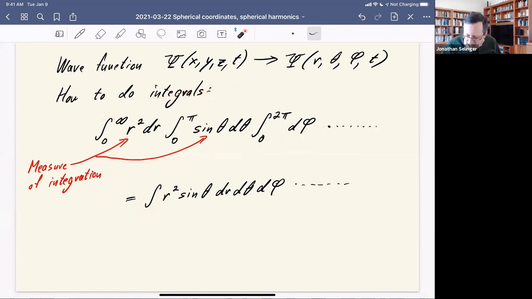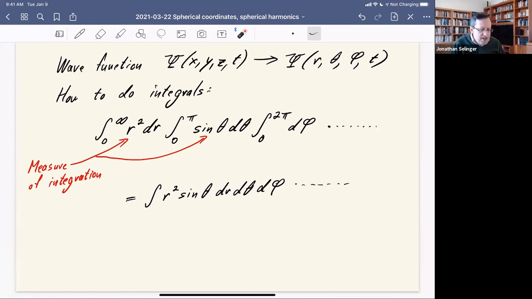And again, here is the measure of integration, and you absolutely need to include the factors of r squared and sine theta, or you are guaranteed to get the wrong answer. Okay, so that is how to do integrals in spherical coordinates.